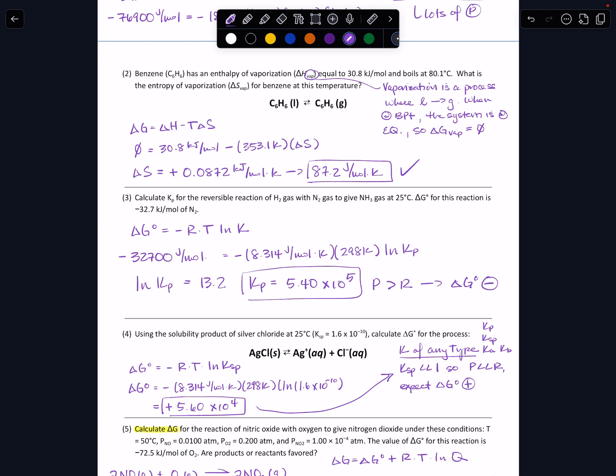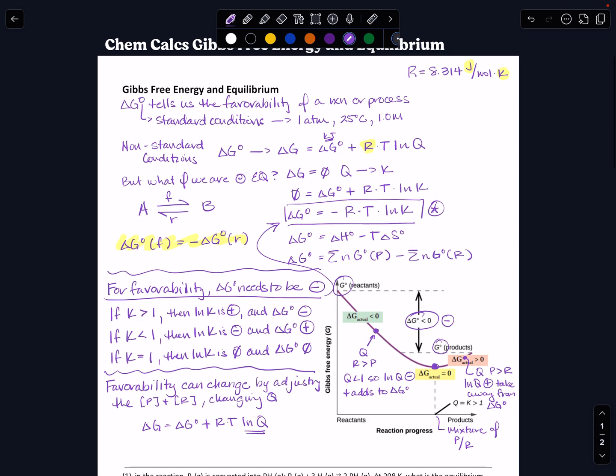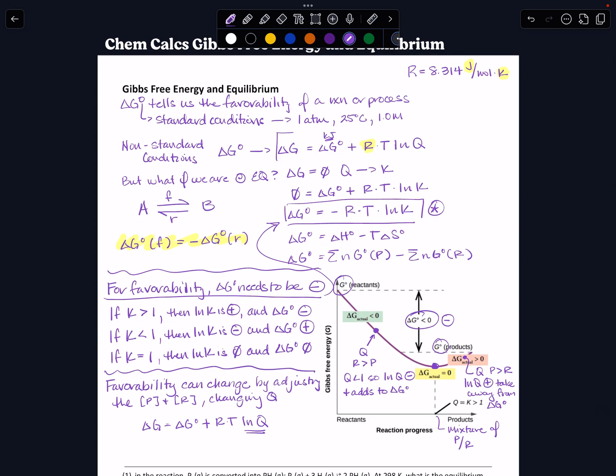If you have a low K value, then you should have a positive delta G value, because those two go hand in hand. The more products you have at equilibrium, the more favorable that forward reaction is going to be, and vice versa. And don't forget this formula for delta G that includes Q. That is super handy.